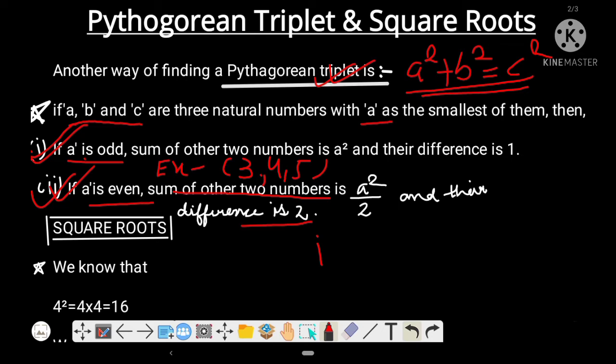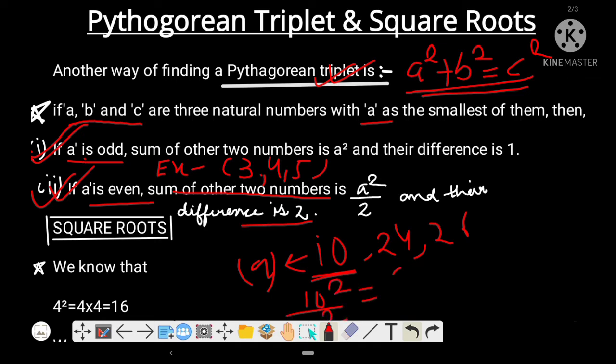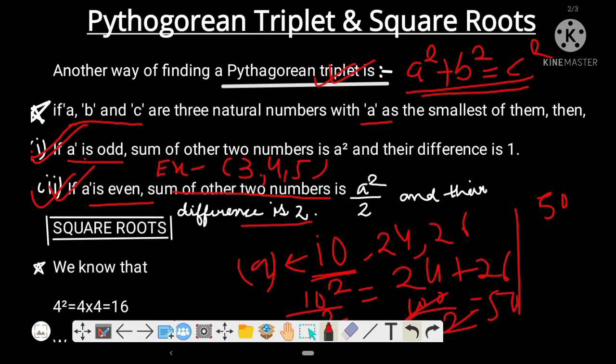So let us see this with the example 10, 24 and 26. Being the smallest side, 10 is an even number. So 10 square upon 2 should equal their sum, 24 plus 26. 24 plus 26 is 50, and 10 square is 100, and 100 upon 2 is 50.